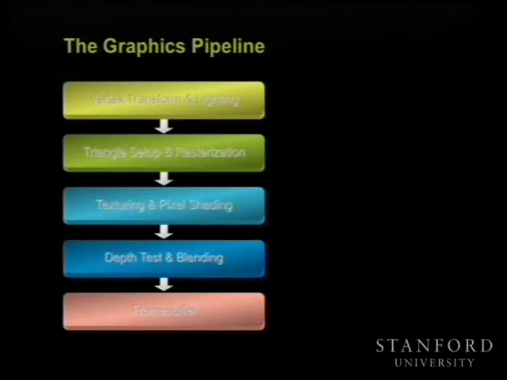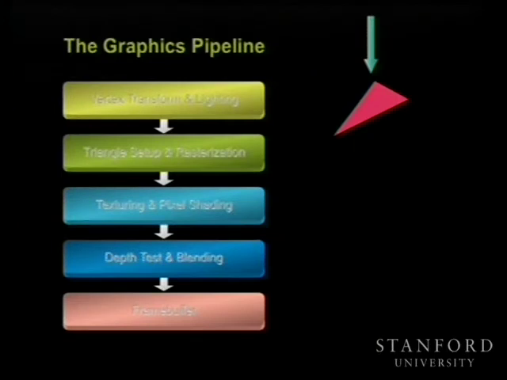At a 30,000 feet view, triangles come in. You say, all right, I'm giving you the coordinates for this triangle in some coordinate system. But since the player moves around, zooms in, zooms out, how it's going to actually appear on the screen is a different coordinate system, what they call screen space.